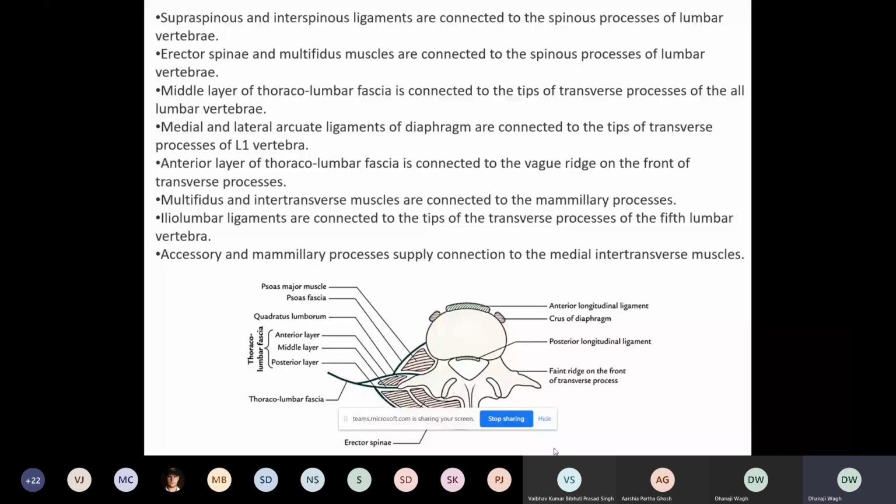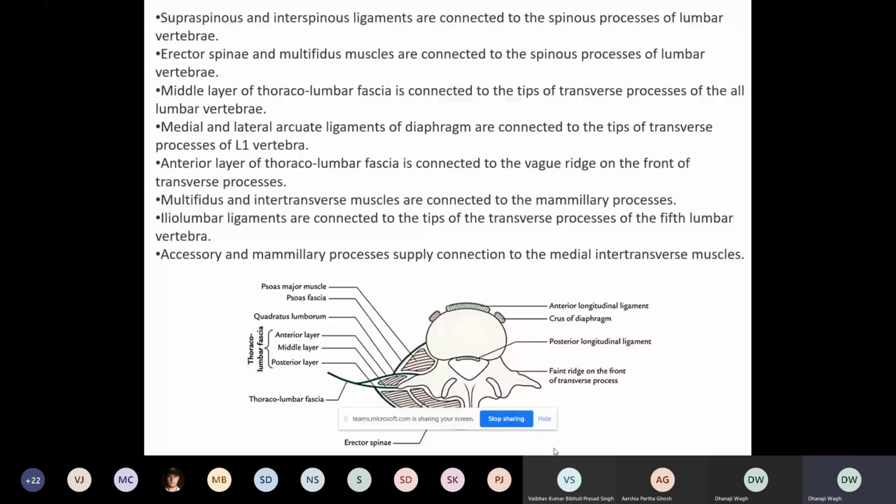The middle layer of the thoracolumbar fascia is connected to the tips of the transverse processes of all lumbar vertebrae. In the diagram you can see this in green color. The thoracolumbar fascia is there, with anterior layer, middle layer and posterior layer. This middle layer is at the tip of the transverse process. The medial and lateral arcuate ligaments of the diaphragm are connected to the tip of the transverse process of L1.